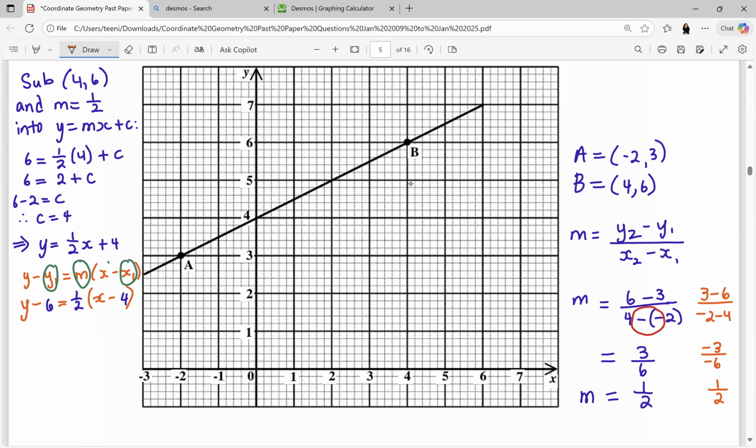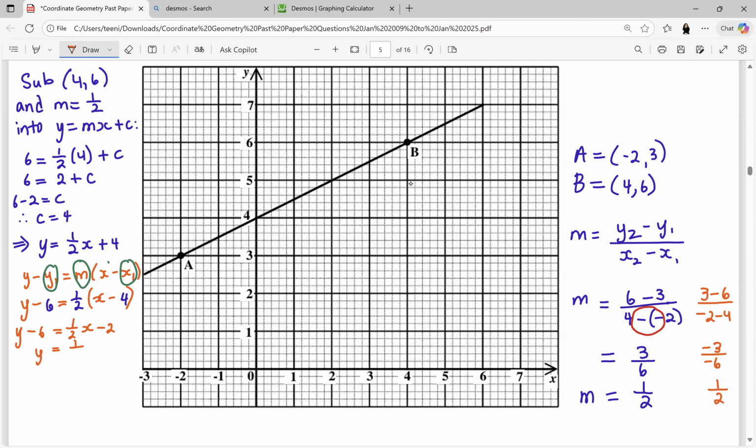So y minus 6 is equal to a half x, and then a half times 4 is minus 2. Then you have to make y the subject, so you move minus 6 to the other side of the equation, which would make it plus 6.